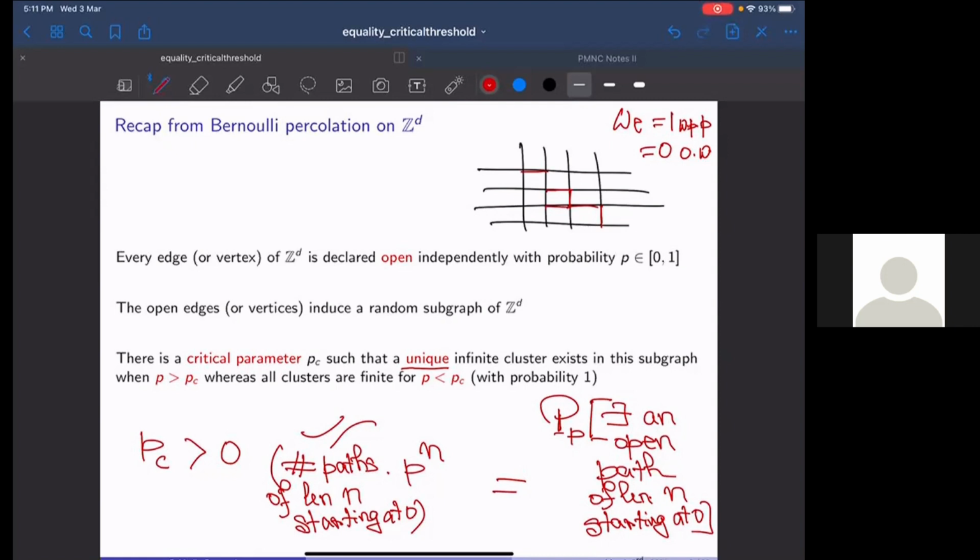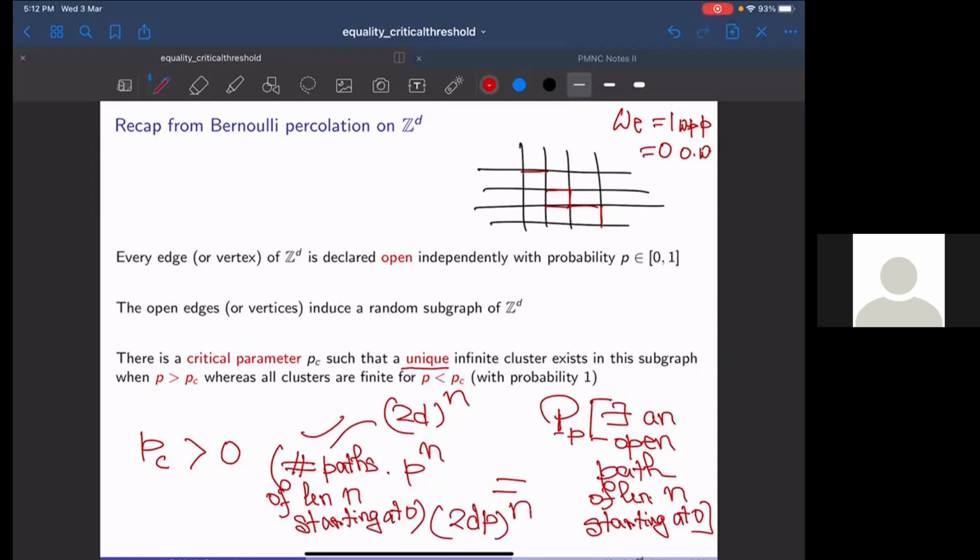This proof doesn't only work for Z^d. It works for any 2d-regular graph, so you can take any Cayley graph with a finite number of generators. The number of paths is clearly at most (2d)^n. So together that gives you (2dp)^n.